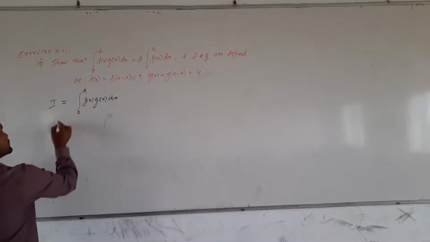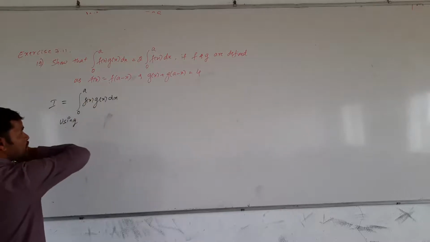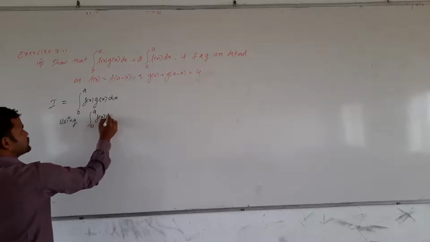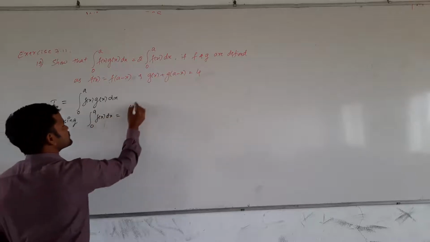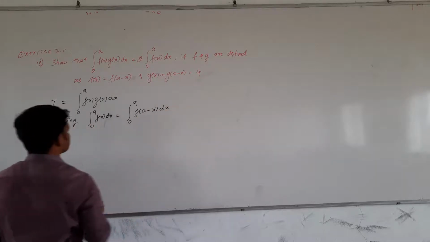We will use the property here because they have given f of a minus x. Using 0 to a f of x dx is equal to 0 to a f of a minus x dx.